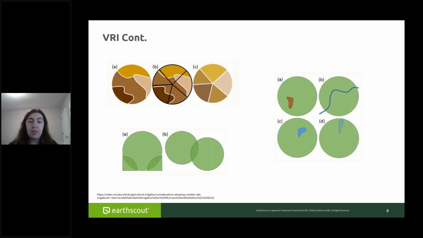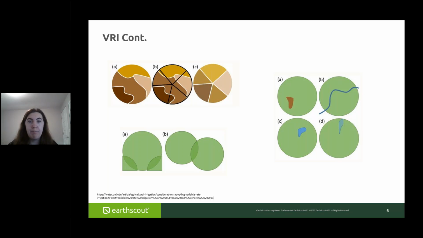Circle A shows maybe a brown spot in the field or a part where there might be no crops currently growing. We don't need to water that area. Circle B shows maybe a stream or a waterway moving through the field, and again, we don't necessarily need to water those areas either. C shows maybe a scenario where we have some surface water in the field, and maybe that's where the irrigation water is coming from.